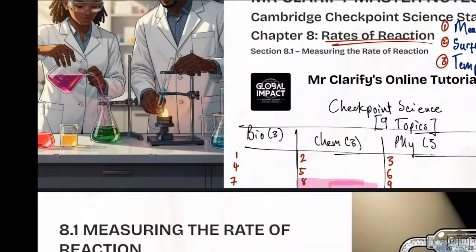So first thing we see how we measure the rate. Then we see how the surface area affects rate. Then we see how the temperature affects rate. Then we are done. Okay? Those are the 3 sections that you must all know.